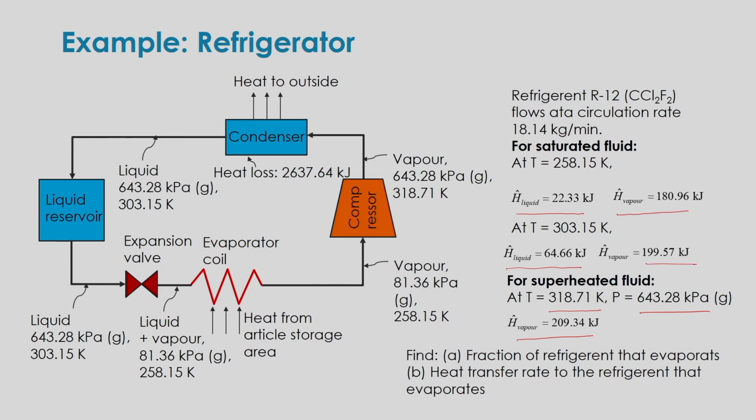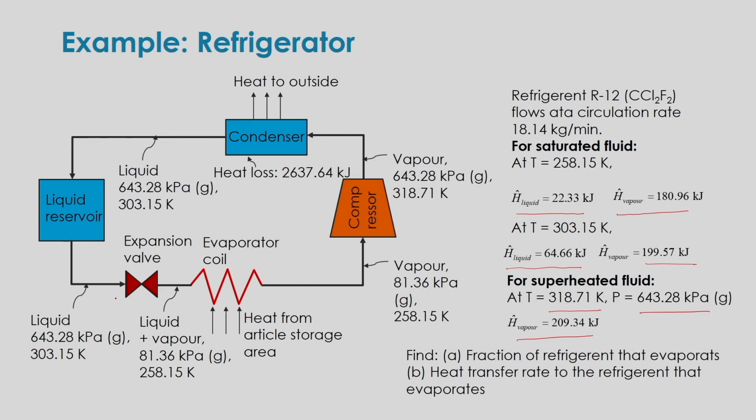In this schematic diagram of the refrigeration process, you will see that several operating conditions, like temperature and pressure, are given at the inlet and outlet of the equipment being used.